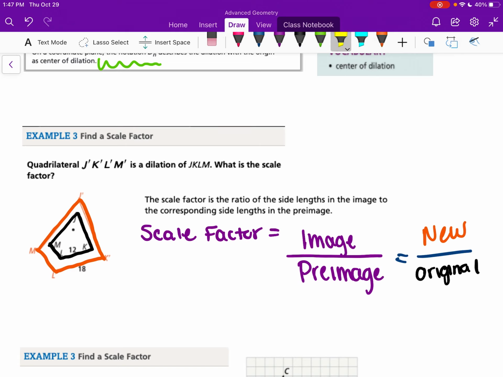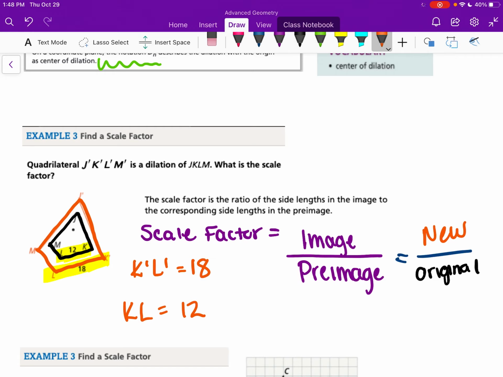So the two side lengths they give us is side length KL and K prime L prime, and those are corresponding. So we know that K prime L prime has a side length of 18, and that KL has a side length of 12. So we're going to find the ratio of that to know what our scale factor is.